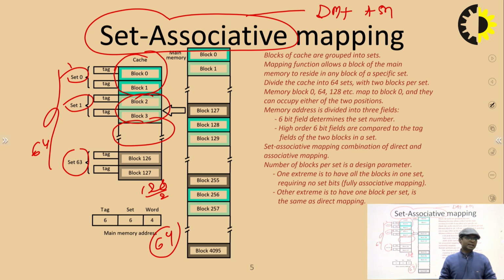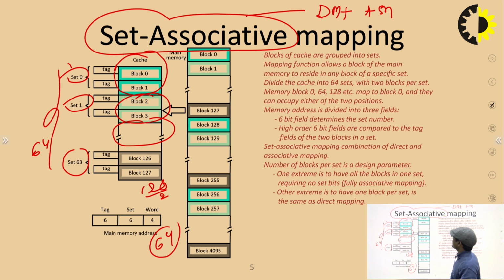So basically the cache memory is divided into smaller subsets, and they act as associative mapping, and each individual set is mapped directly.